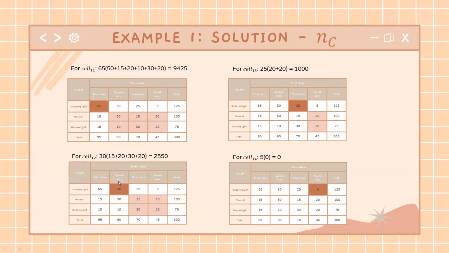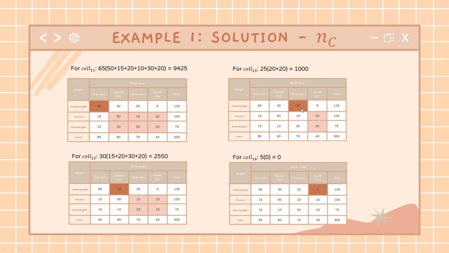Next, we do the same procedure employed in cell sub 1, 1. So we are now on cell sub 1, 2 for underweight and second-born. We look at the rows below the underweight and to the right of the second-born, which leaves us with these frequencies. So the next term is 30 times the quantity 15 plus 20 plus 30 plus 20 is equal to 2,550.